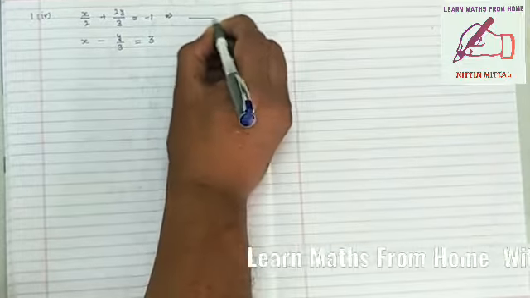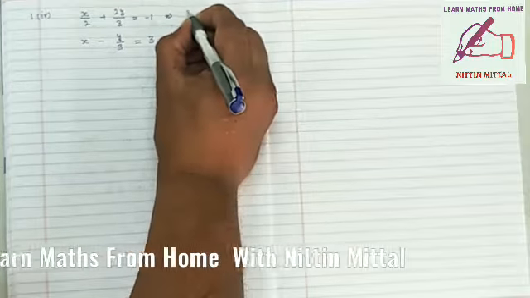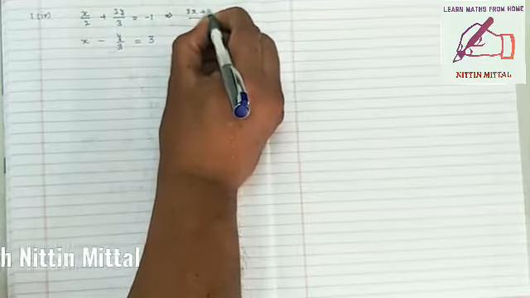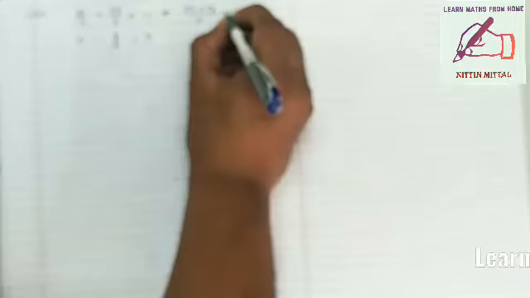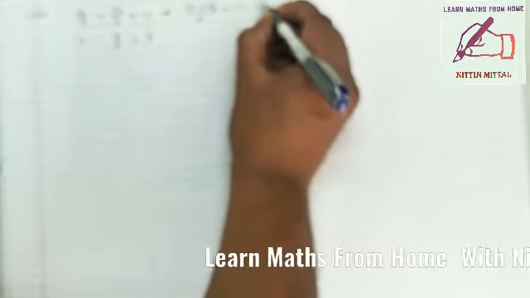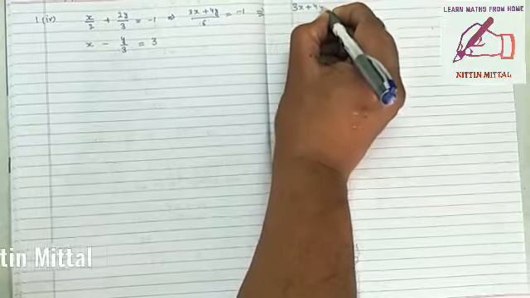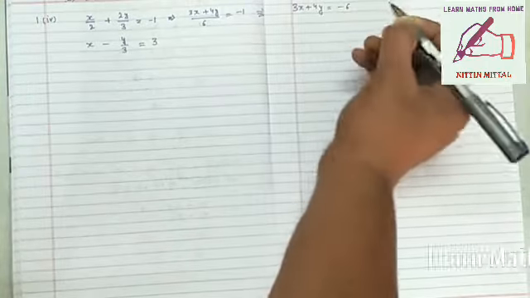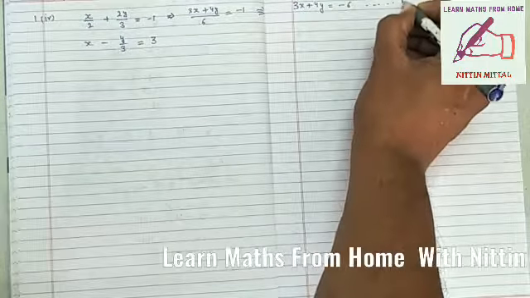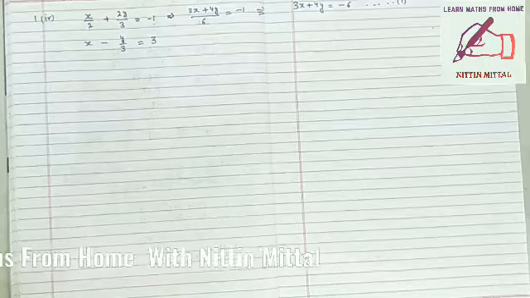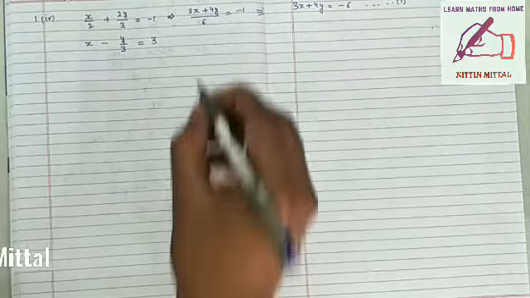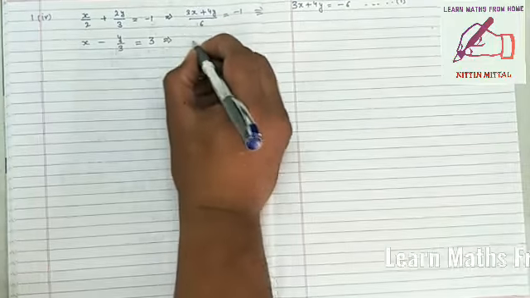So if we take LCM, 6 will be there, it will be 3x plus 4y equal to minus 1, and further it will become 3x plus 4y equal to minus 6. So this we will take as equation 1, and this one we will take LCM.